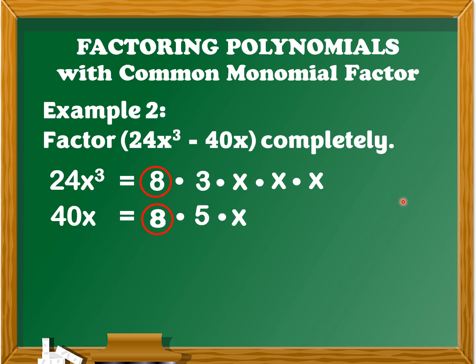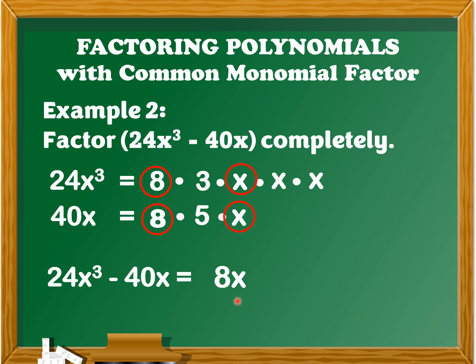As you can see, we have 8 and x as the common factor of 24x cubed and 40x. Now we can get the common monomial factor of the given polynomial, which is 8x. So 8 times x is equal to 8x.